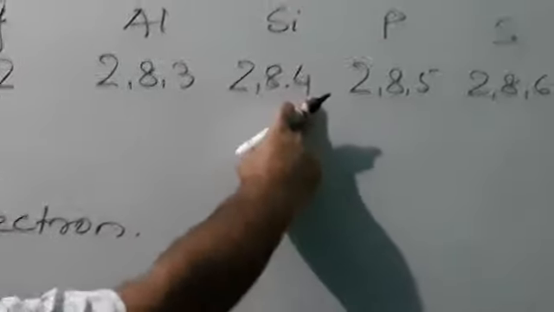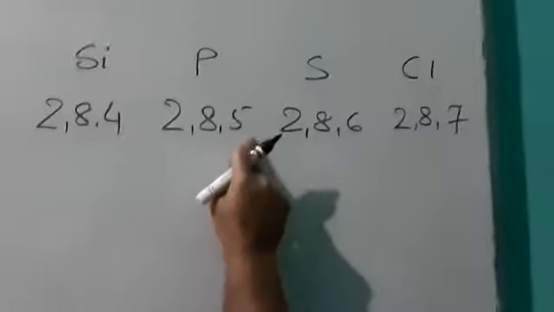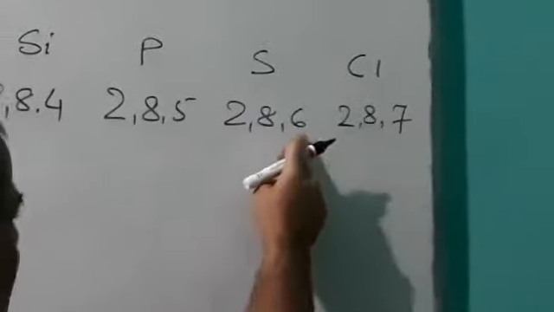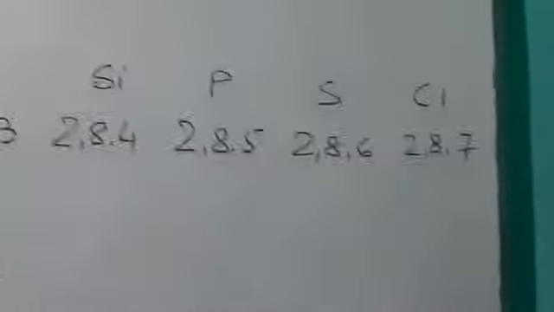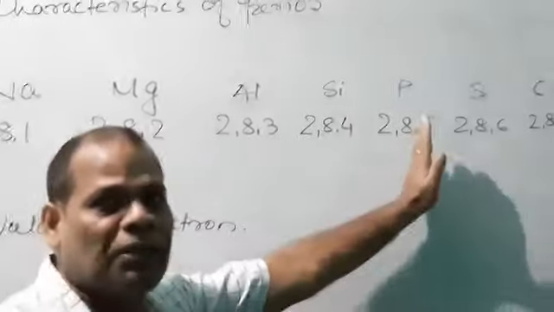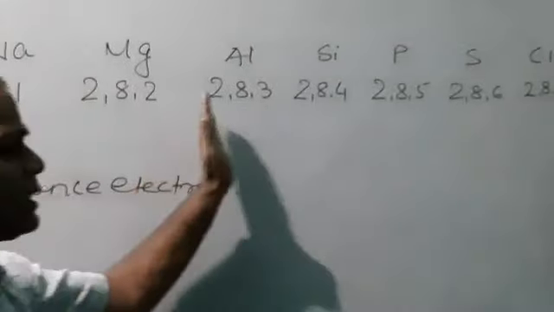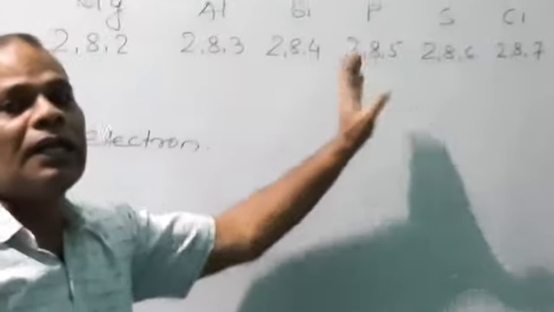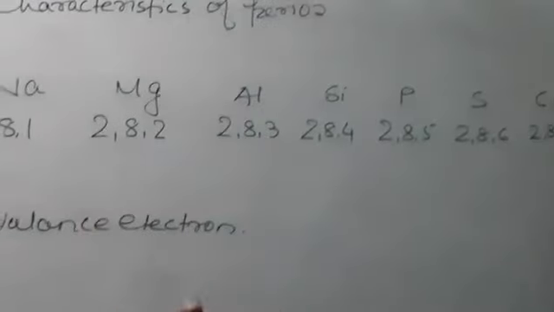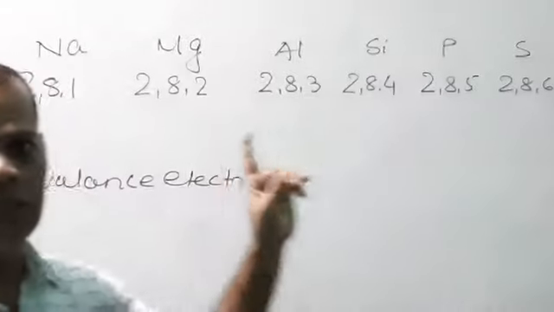Silicon has 4. Phosphorus has 5. Sulfur has 6. Chlorine has 7. So what is happening while moving from left to right across the period? The number of valence electrons increases.